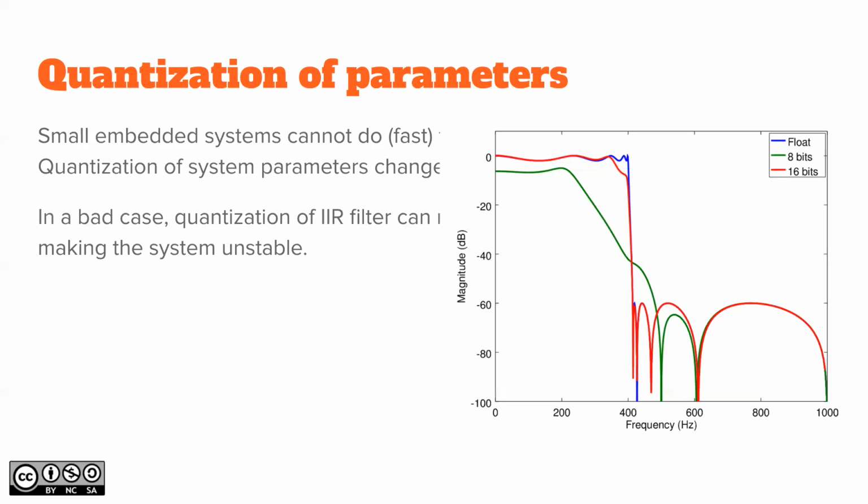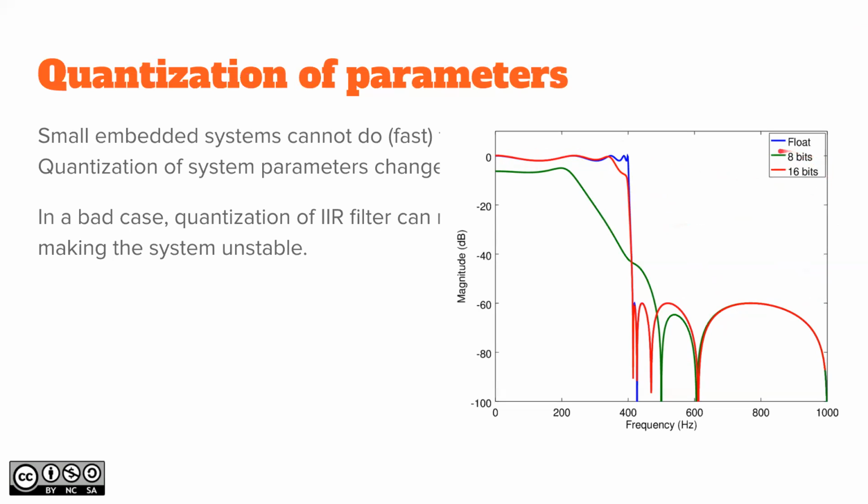When you have to start doing everything in integer arithmetic, then 16-bit precision on these coefficients means that the passband already starts distorting. The stopband is usually quite okay. So usually the first thing to degrade is the passband.